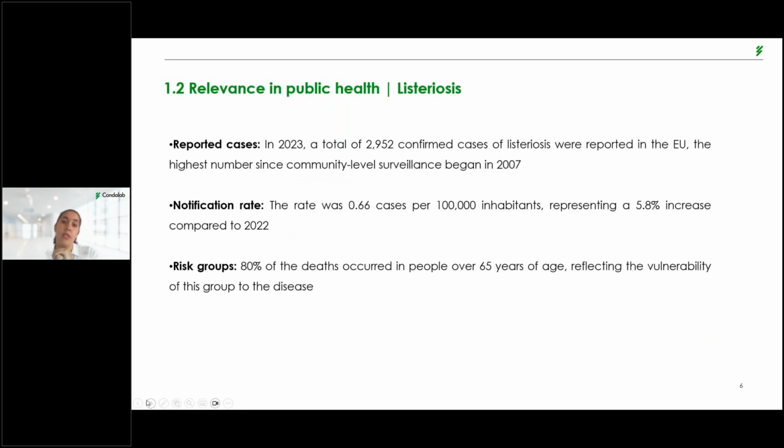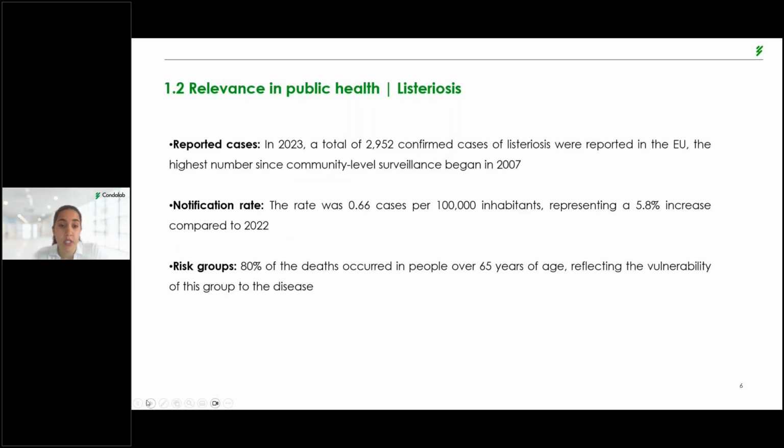Now, if we take a look at the latest EFSA report, we can see that a total of 2,952 cases of listeriosis were reported in the European Union during 2023, and this is the highest number since community level surveillance began in 2007.